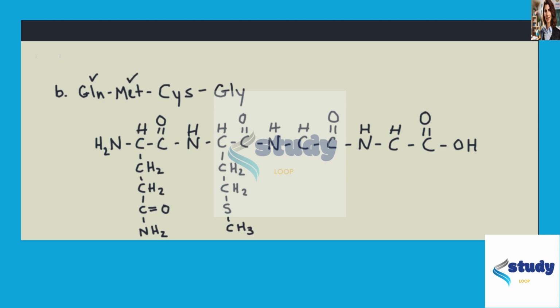Our third residue is cysteine, which we've done before, CH2SH. Finally, glycine is the easiest one. It's just hydrogen. So this is the structure of our second tetrapeptide.